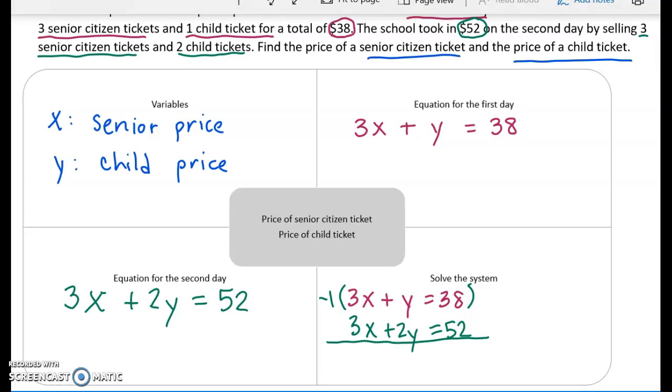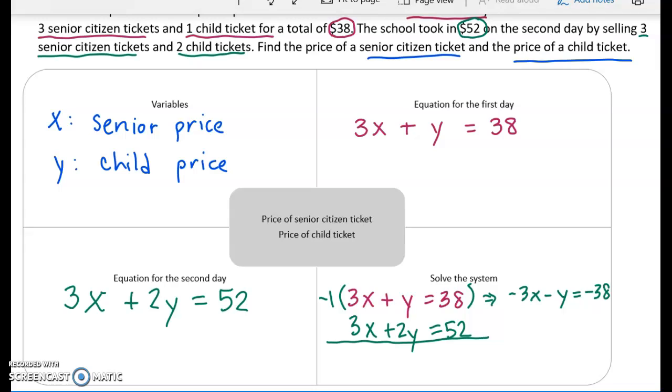You could also solve this system of equations by substitution if you're more comfortable with that, but I'm going to choose elimination. So when I do that multiplication, I get -3x minus y equals -38.